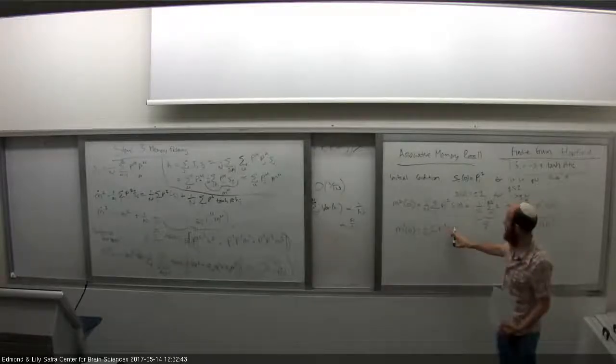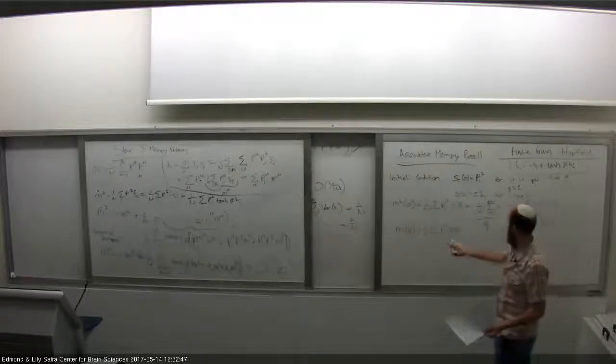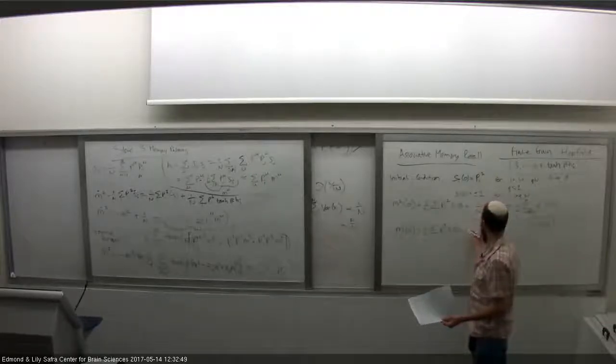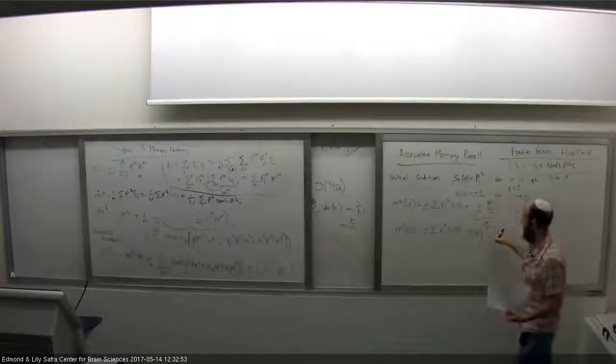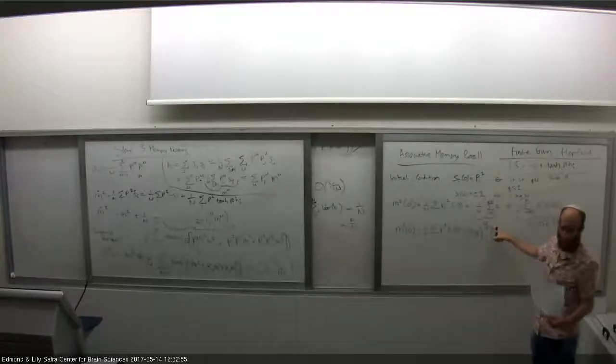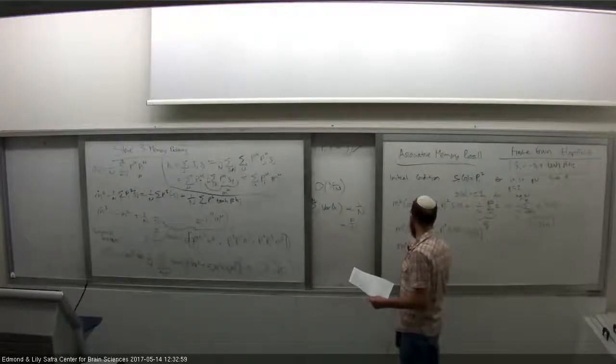So here we just have a sum over n random contributions, plus or minus 1. This whole sum is going to be something on the order of 1 over square root of n, small relative to q. And the same thing for the initial overlap with memory pattern 3.